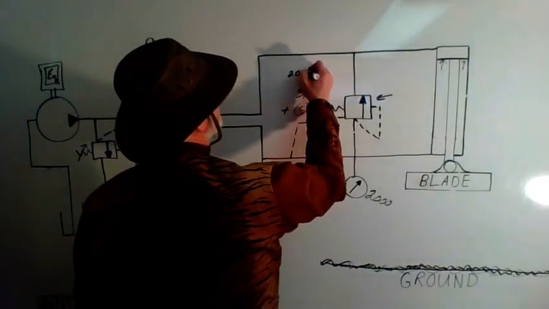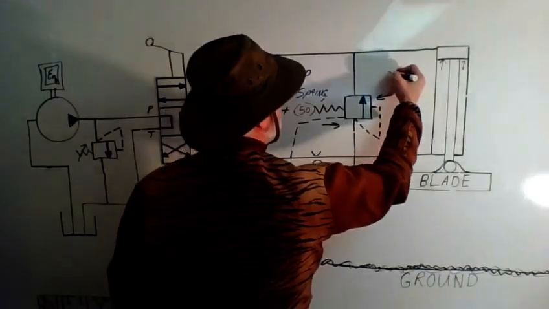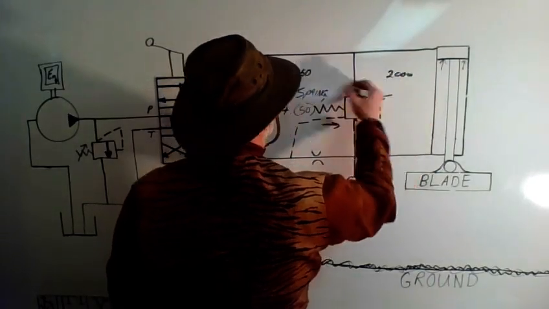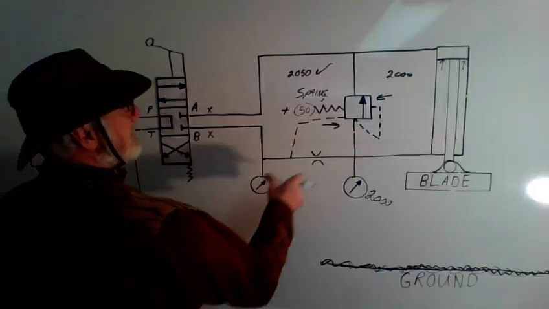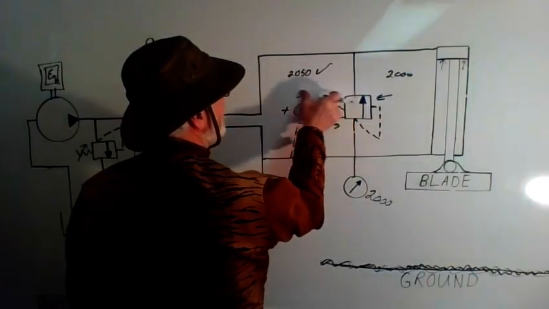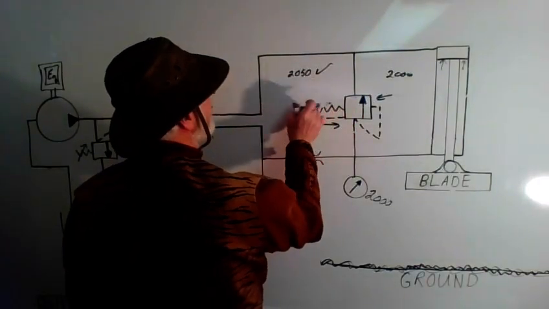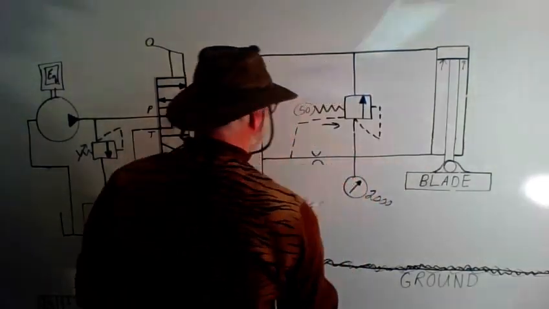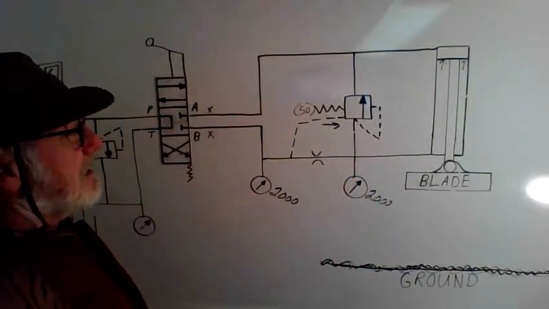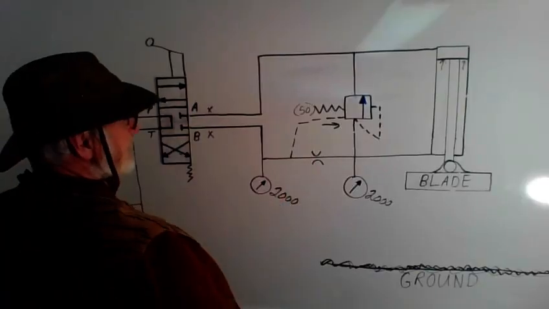Well, 2050 on one side versus 2000, pretty sure this is going to win, and that valve will stay closed. And this is how the quick drop valve can actually hold a load up in the air. And it's all due to more than one sense line and this orifice.